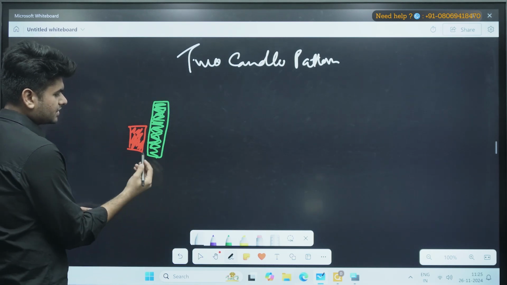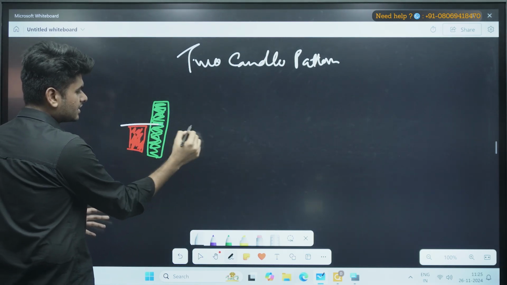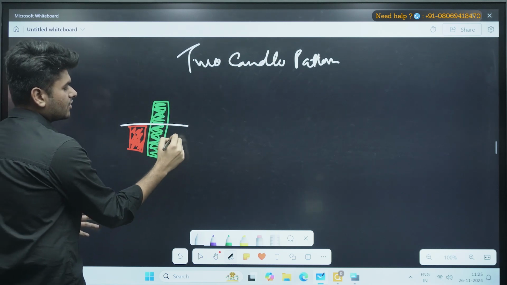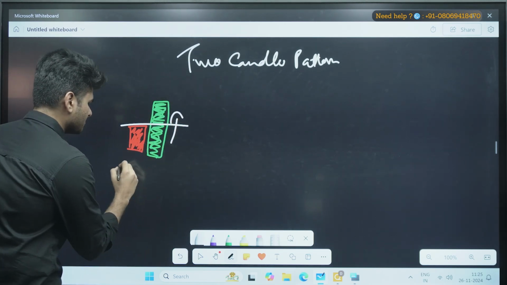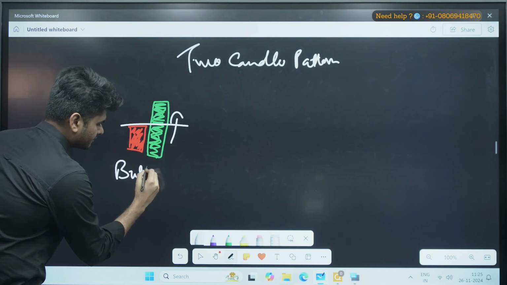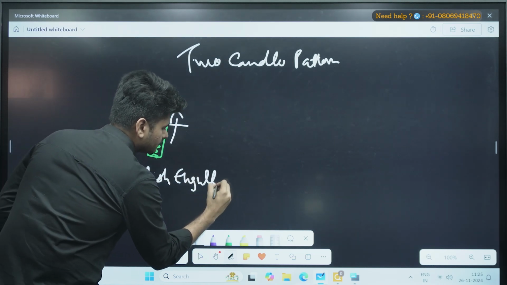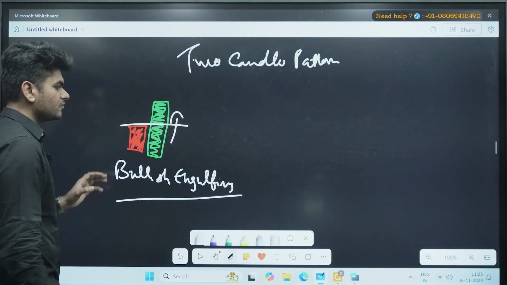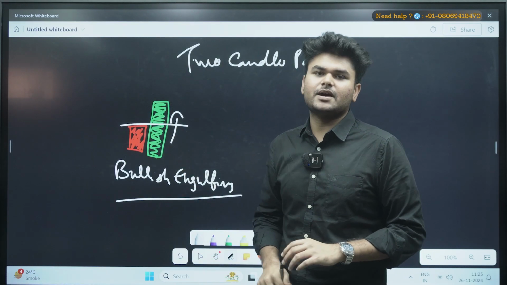Here the bearish candle which was there, we are now seeing the green candle breaking the high of the bearish candle. So this is the bullish engulfing. The bulls are engulfing the bears.